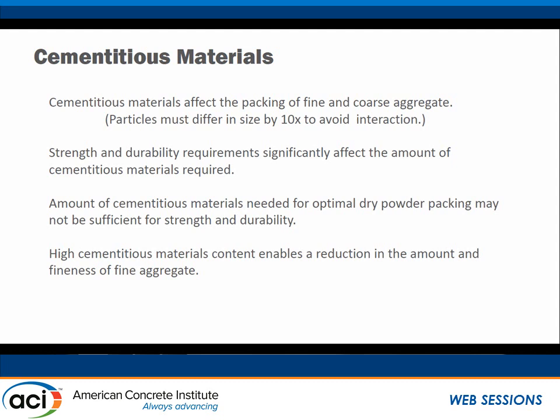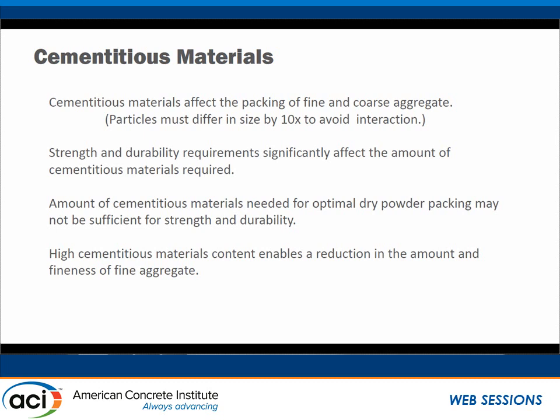You can think of it as a suspension of coarse aggregate and fine aggregate and paste, kind of like I showed before. In reality, we don't have that big of a gap between our powder size and our aggregate. So we're really making a simplification there, one that still is fine, but we do need to realize that cementitious materials are going to affect the packing.